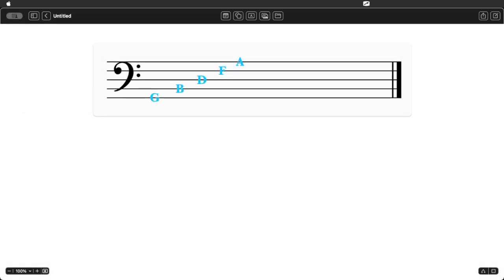So let's talk about some of those mnemonic devices I was talking about. A mnemonic device is just a fancy word that means a little saying or a silly song sometimes that helps you remember something. And so our silly saying that's most common for the bass clef lines is Great Boys Deserve Fudge Always. That's a good one.